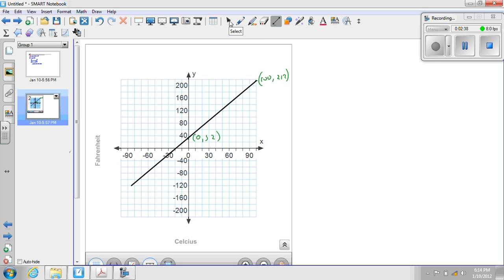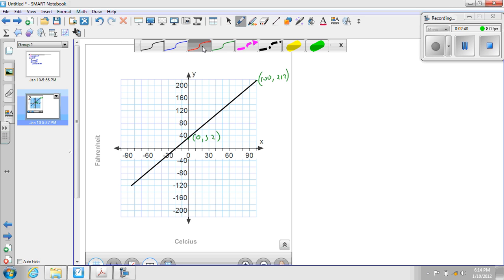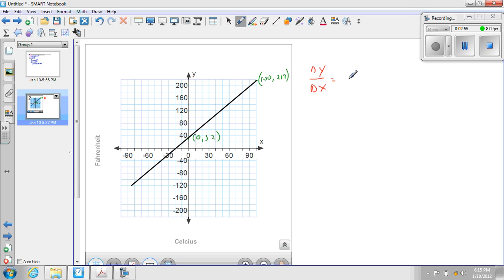But what I wanted to show you here was the equation. So if I want to look at this line, first I want to find the equation of the line. I'm going to calculate slope. So I'm going to have delta y over delta x, which is y2 minus y1 over x2 minus x1.